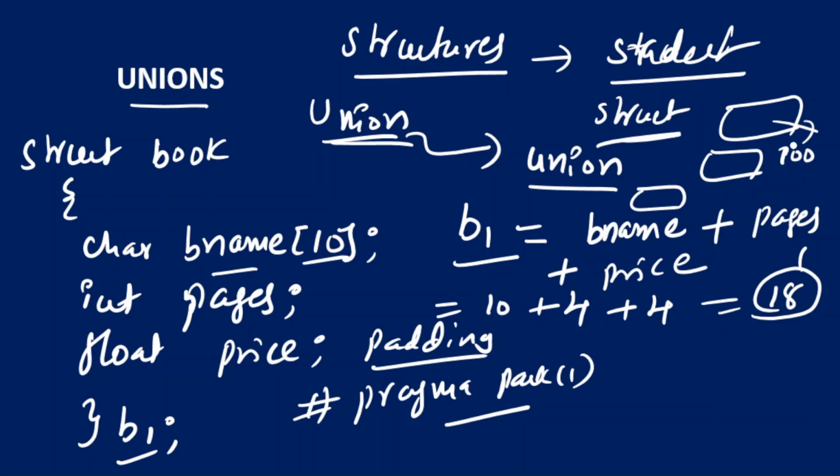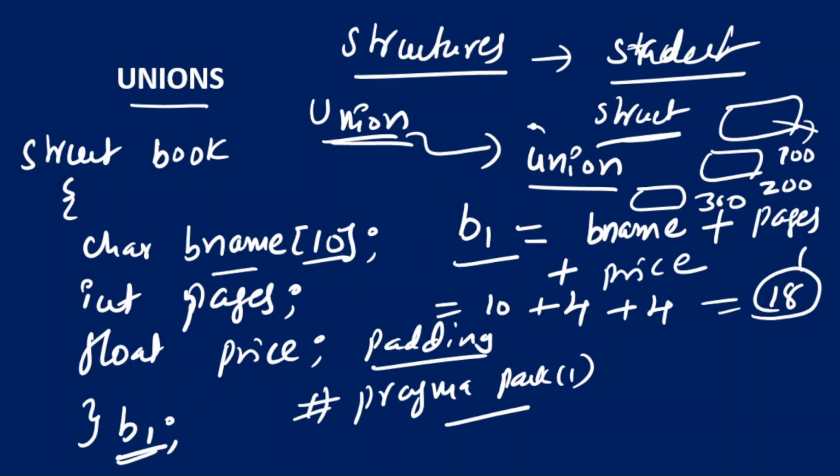Assume that the base address is 100 for the first one, 200 for the second one, and 300 for the third one. Means individual memory locations will be allocated, and each memory location has its own different base address. This is how the memory will be allocated for the structure variable b1.